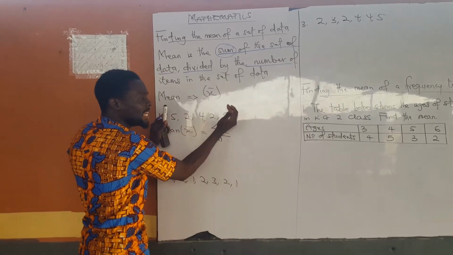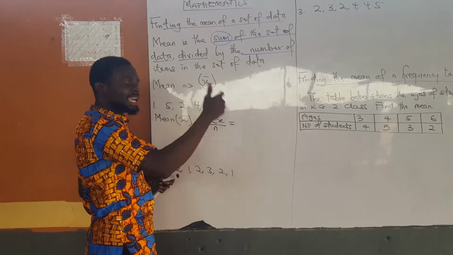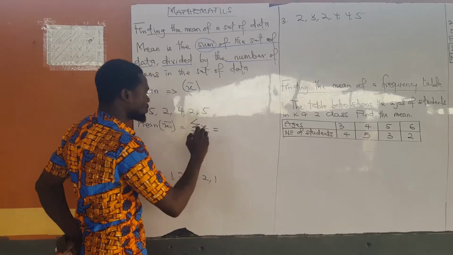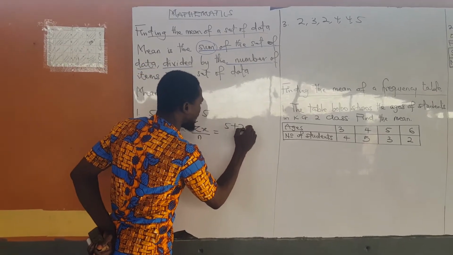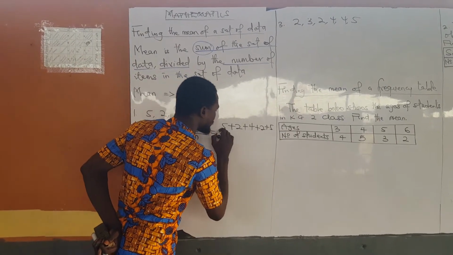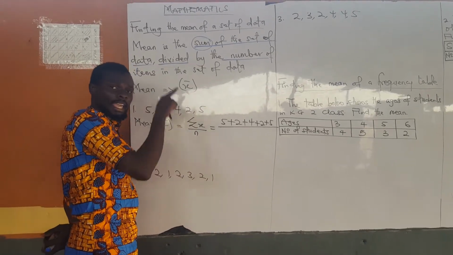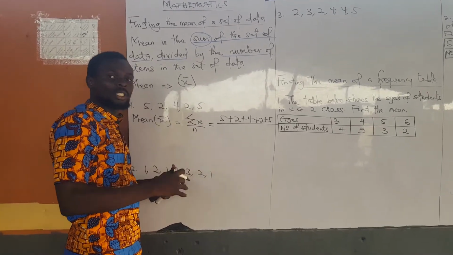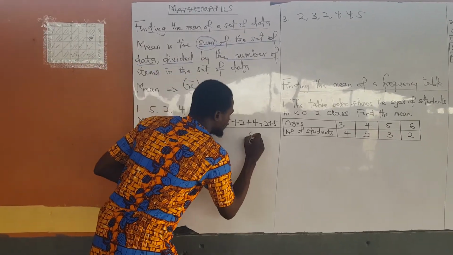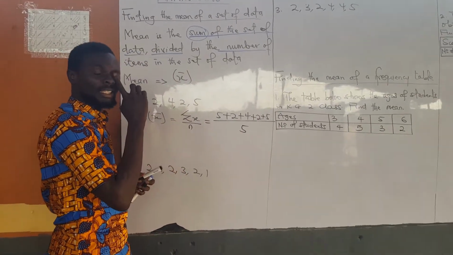So in finding the mean of this set of data, mean is calculated as the sum, which is 5 plus 2 plus 4 plus 2 plus 5, all over n, and n is the number of items: 1, 2, 3, 4, 5. So divided by 5.